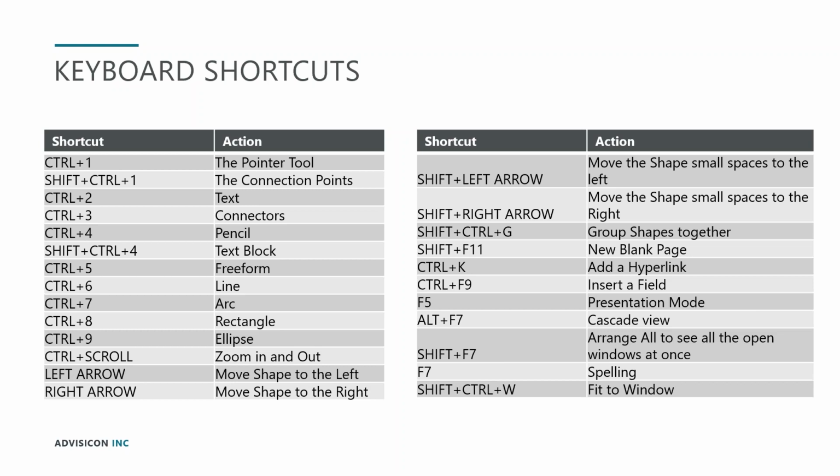For example, Control+1, the pointer tool, switching between that and the connection points can take tens of minutes off of your flowchart building time. Also switching between text and connectors, or just switching to being able to build out a rectangle or ellipse. All of these shortcut keys will speed up the process of building your flowchart.